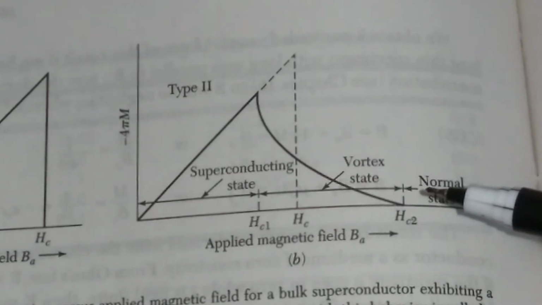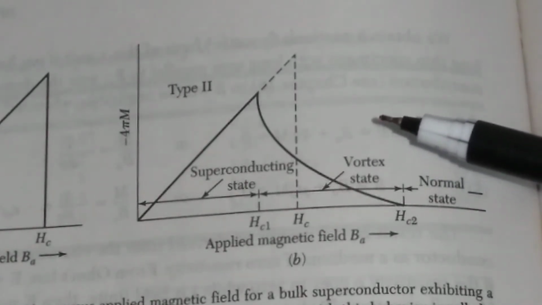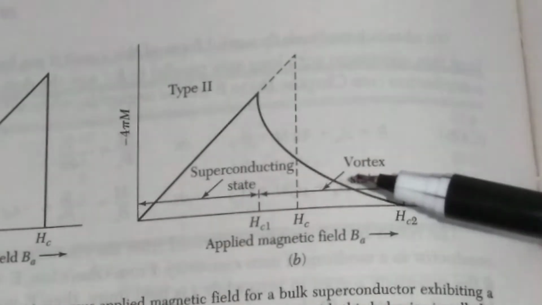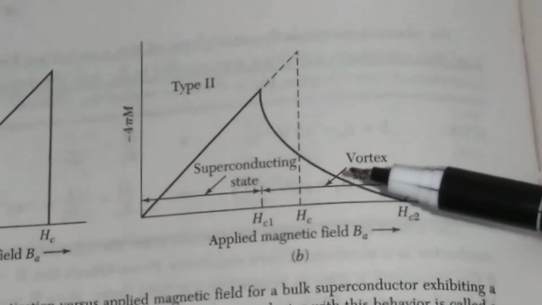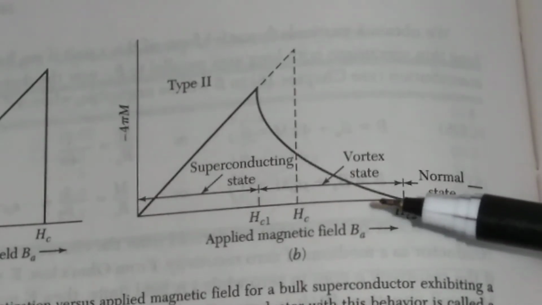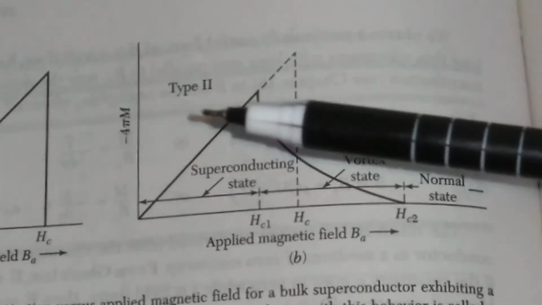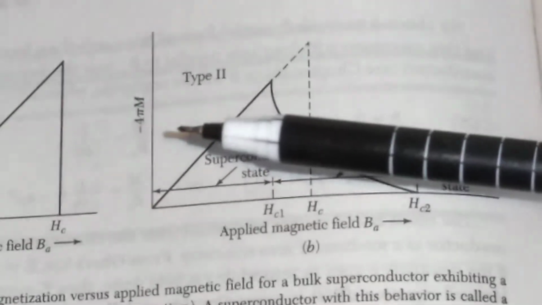The figure shows the superconducting magnetization curve for a type 2 superconductor. Here you have taken on the x-axis the applied magnetic field BA, and on the y-axis the magnetization.